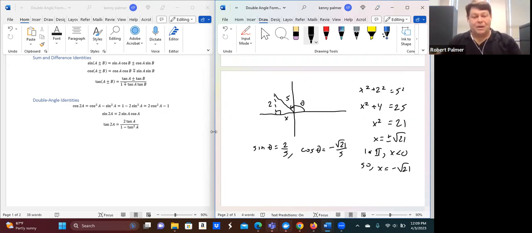So now we can find the sine and cosine of 2 theta. Probably the best one to start with, I'll just say, is the sine of 2 theta, which is going to be 2 times the sine of theta times the cosine of theta. That's our formula.